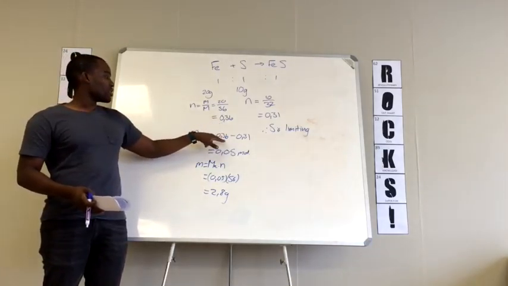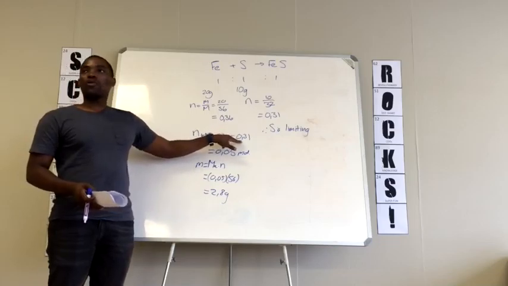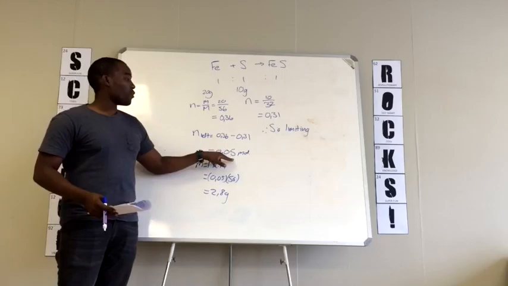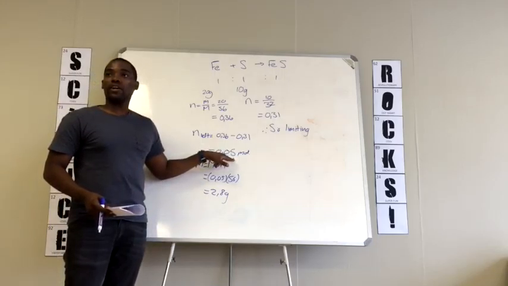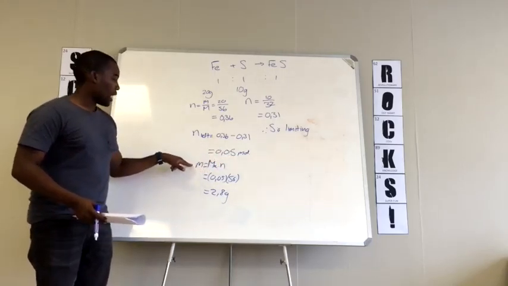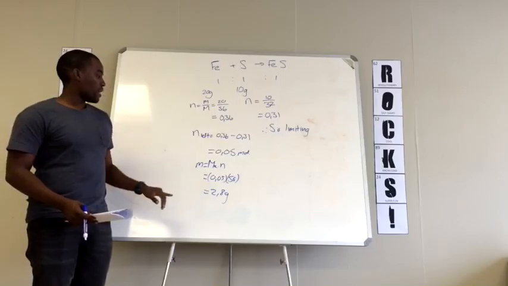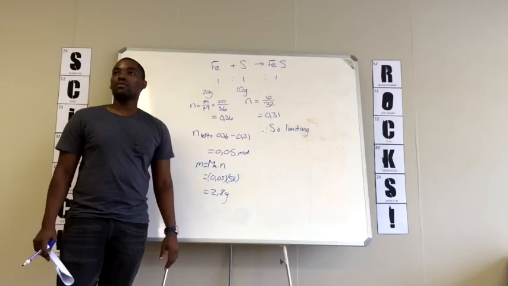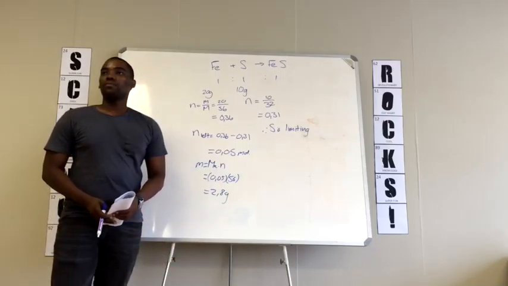It's going to be 0.36, which is what I had, minus 0.31, which is what I reacted. And then I've got 0.05 moles left over. Then I want to find the mass in grams, and I plug into my equation, and I end up with my mass in grams.